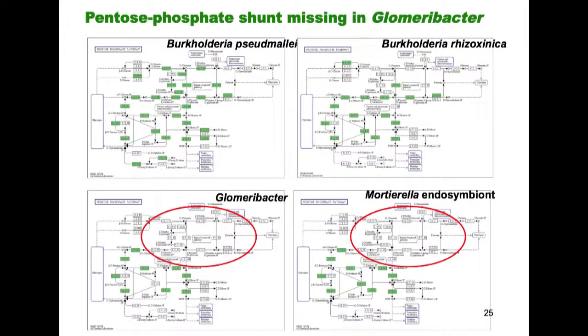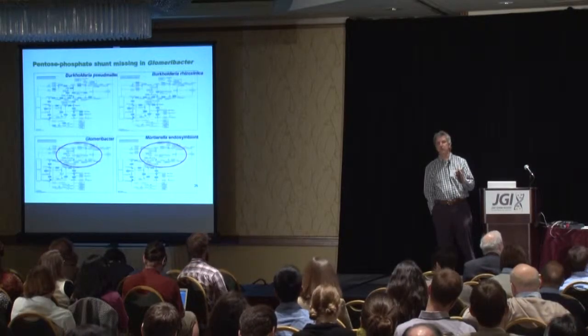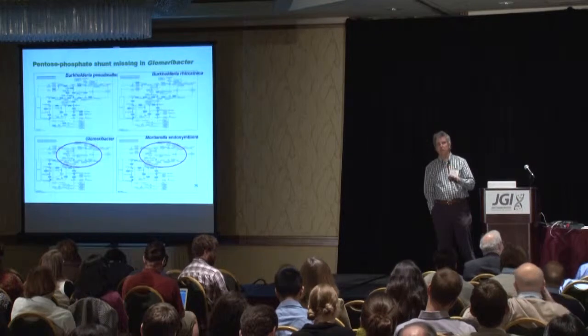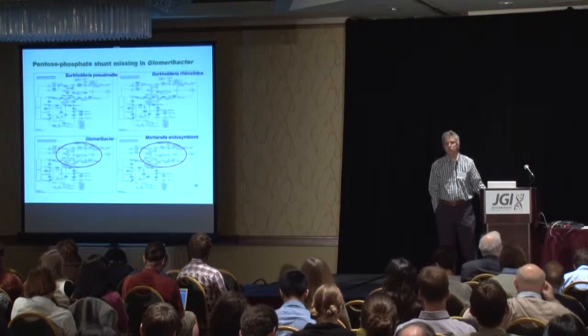Interestingly, a number of metabolic pathways in the endosymbiont have been completely erased, such as the pentose phosphate shunt. And even glycolysis itself, basic glycolysis, is impaired as well. So these endosymbionts clearly rely on their host for their nutrition.